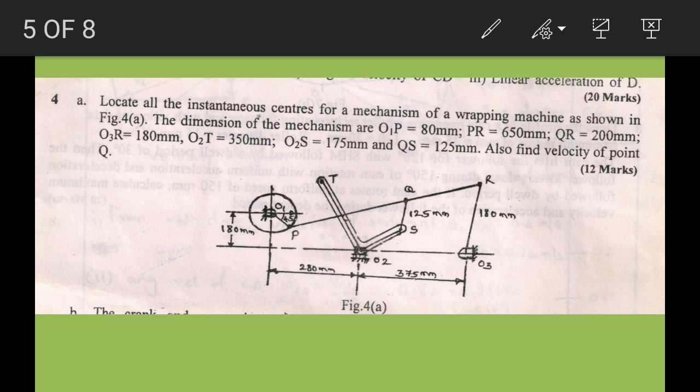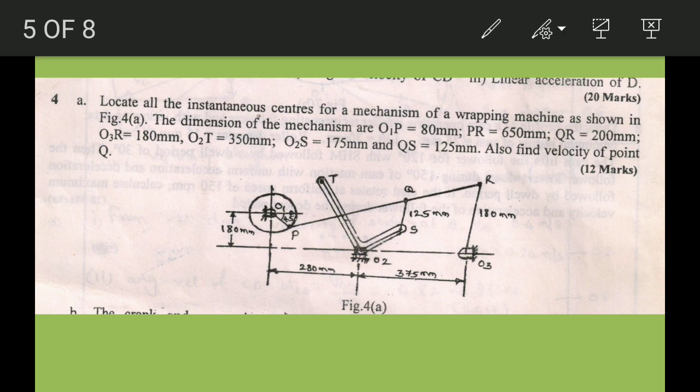After getting R, you come to Q, and from Q, you try to search for S. How to search for S? QR is 125 mm and QS is 125 mm, O2S is 175 mm. So O2 is also readily available on this horizontal line at the bottom. From there you draw two arcs, you will get S point.